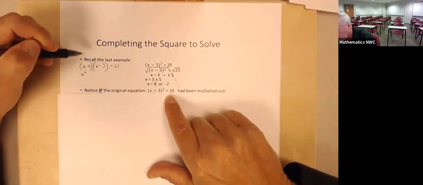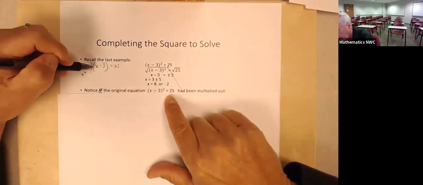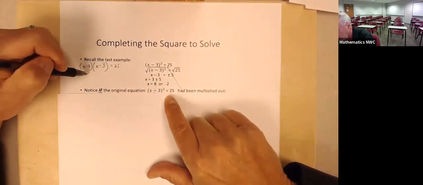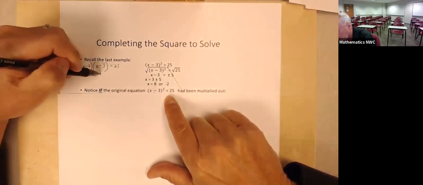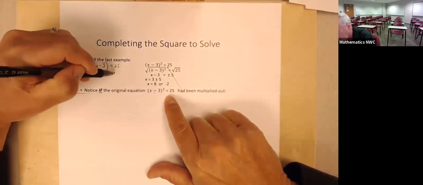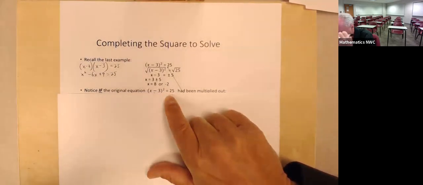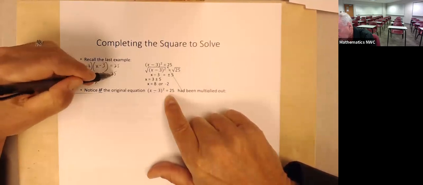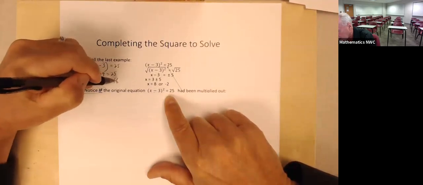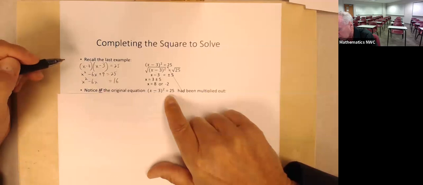This would have been x squared, minus 3x would have been minus 6x, negative 3 times negative 3 would have been 9. And the equation could have looked something like that. Or I could have brought the 9 across and had it be equal to 16.